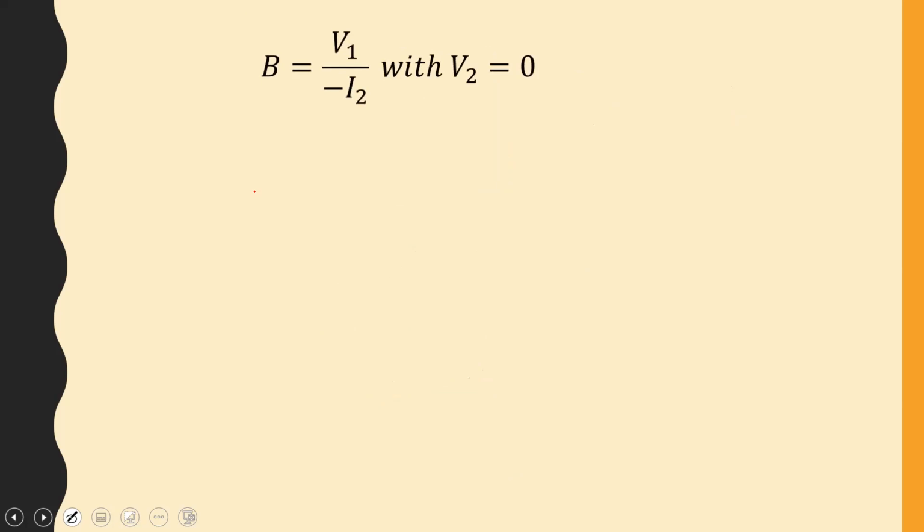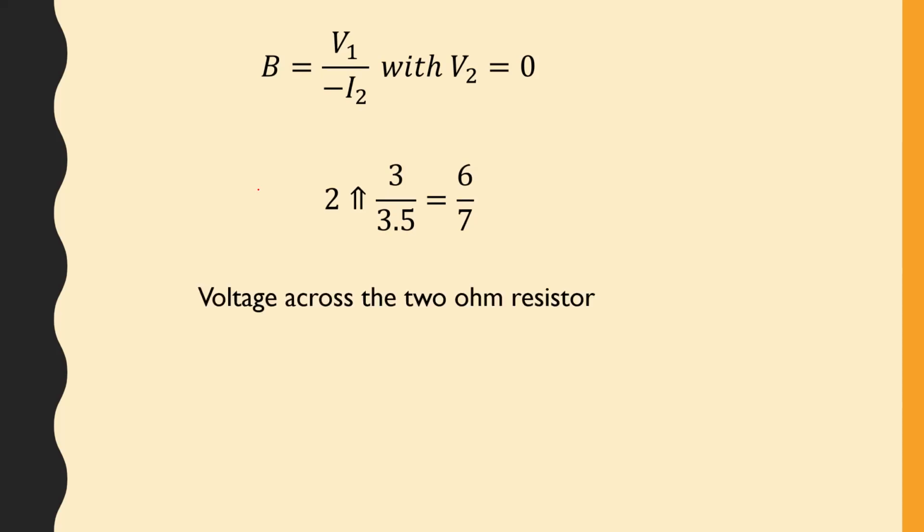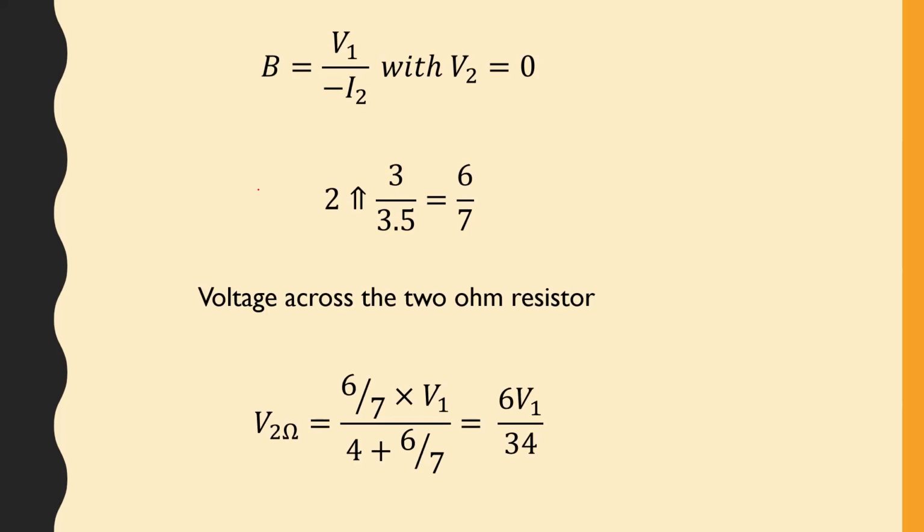So B is equal to V1 over minus I2. So it is 2 in parallel with 3 over 3.5, which gives us 6 over 7. So the voltage across the 2 ohm resistor.